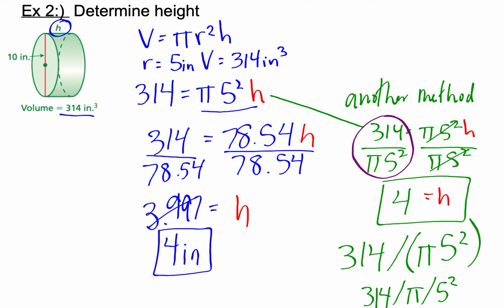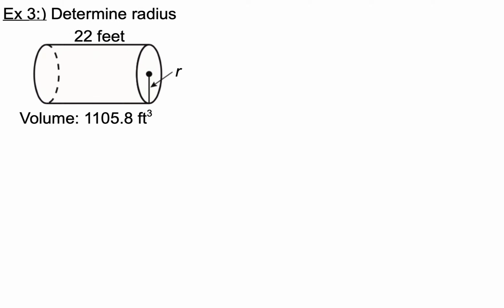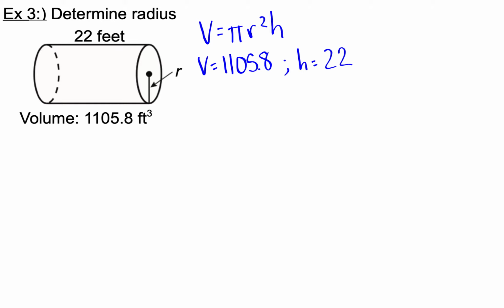Let's take a look at the next example, example 3. In this example, you'll notice we do not currently know the radius. The radius is unknown. So first recognize that it is a cylinder. Therefore, the formula is V equals pi r squared H. V is 1,105.8 cubic feet. H is 22 feet.